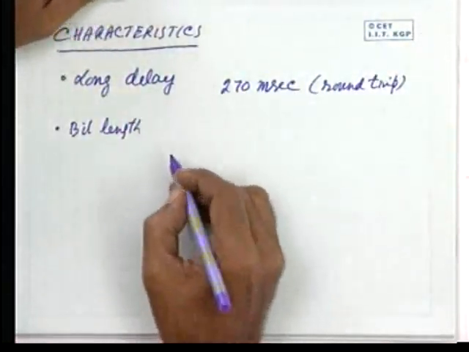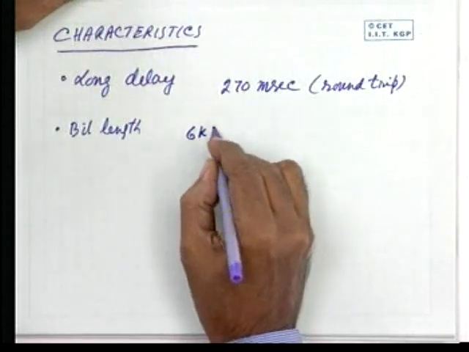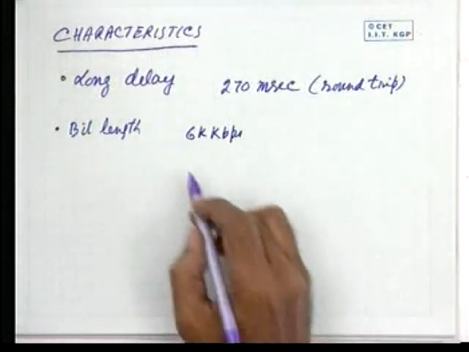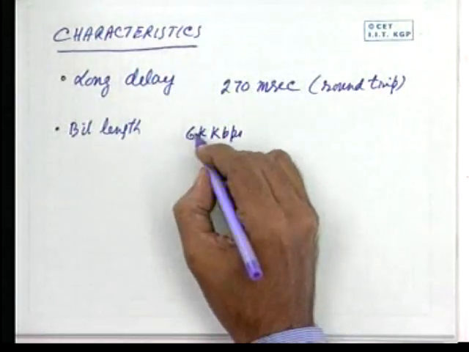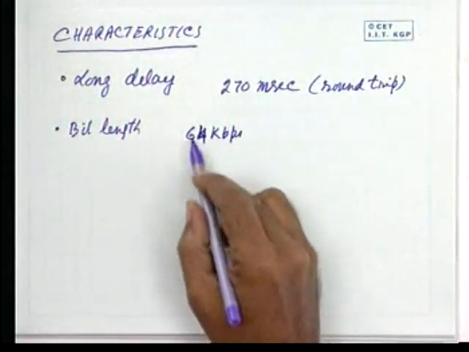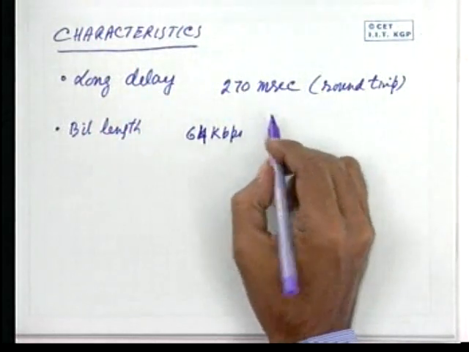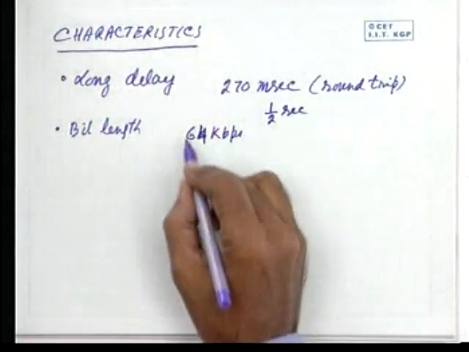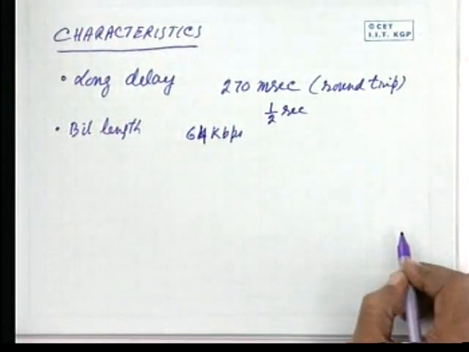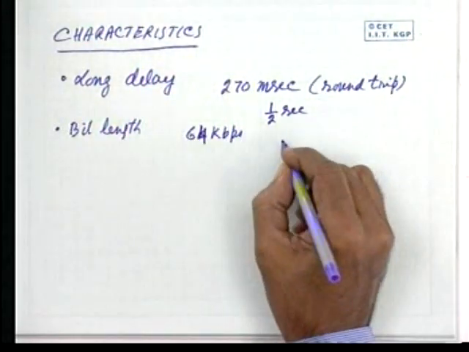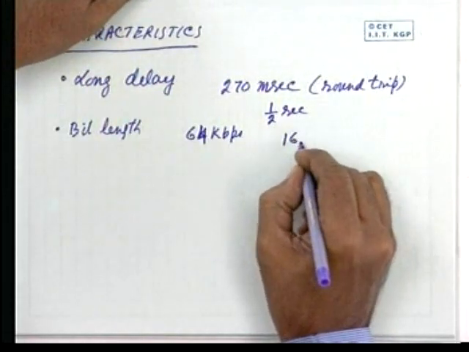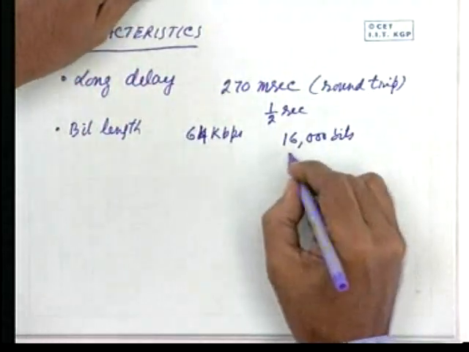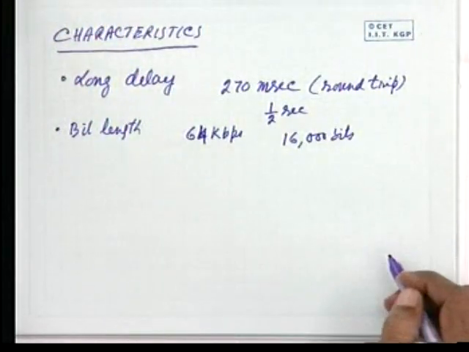Suppose you are sending at the rate of 64 kilobits per second. Since the round trip delay is about 1/4 of a second, the bit length will be about 1/4 of this approximately. So this will cover about 16,000 bits. That will be the bit length.